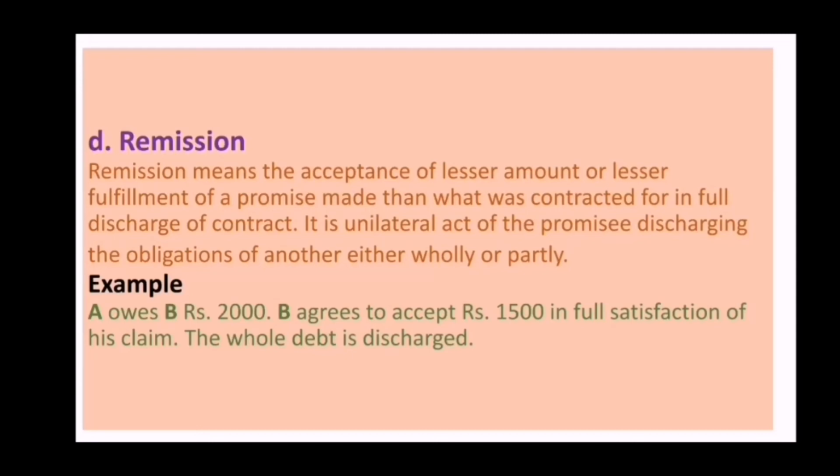So when one party accepts a lesser amount or extends the time for payment to the debtor, it means a new agreement has been established, and when a new agreement has been established with the mutual consent of both parties, it discharges the parties from the previous one.